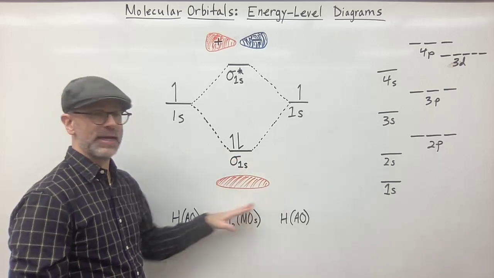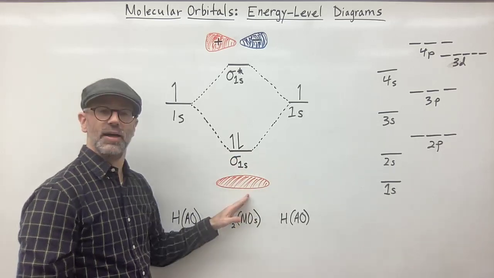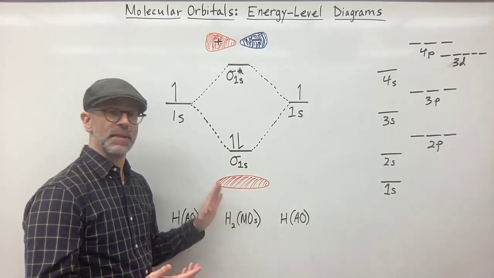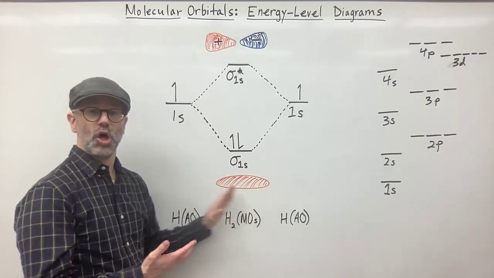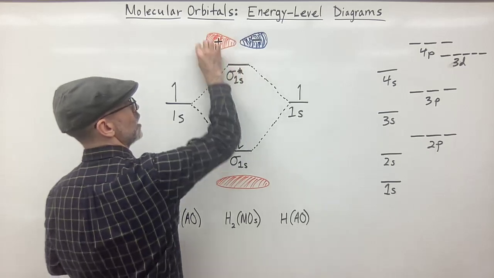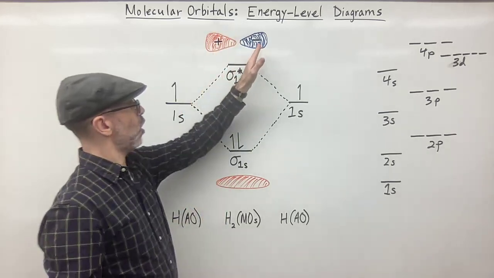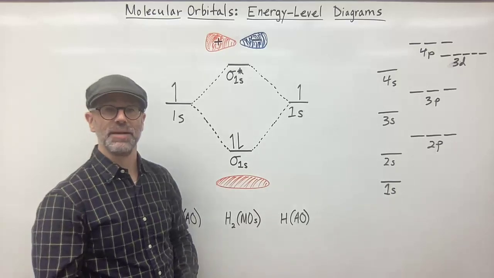They're not going to spend time with both of the nuclei in the atoms, right? So because of that, they're going to only be associated with one atom at a time, not at the same time.